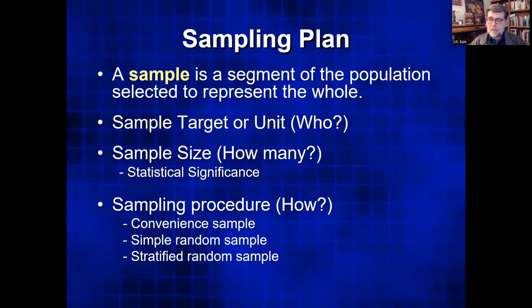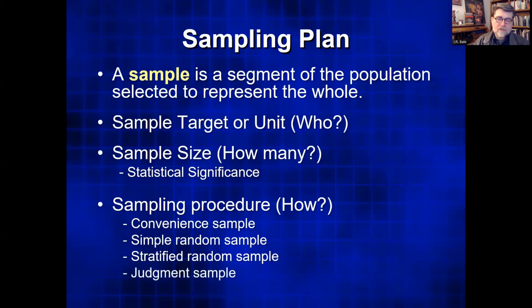Instead of picking randomly from the whole college, I might say I'm going to randomly pick 50 freshmen, and then randomly pick 50 sophomores and 50 juniors and 50 seniors, and maybe 50 nighttime or graduate students, because the answers of a freshman will probably be very different than the answers of a senior. So you want to get a more representative sample.